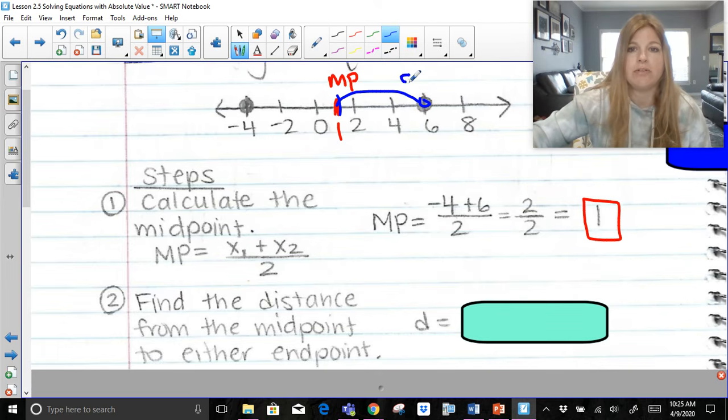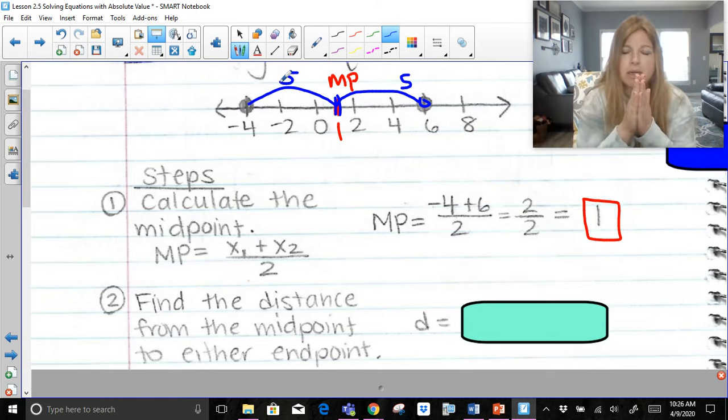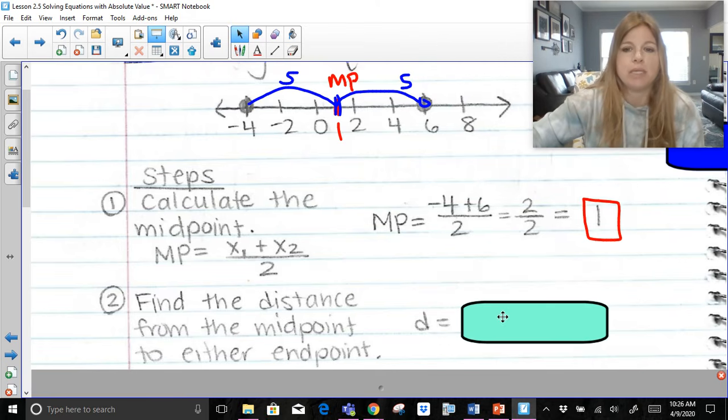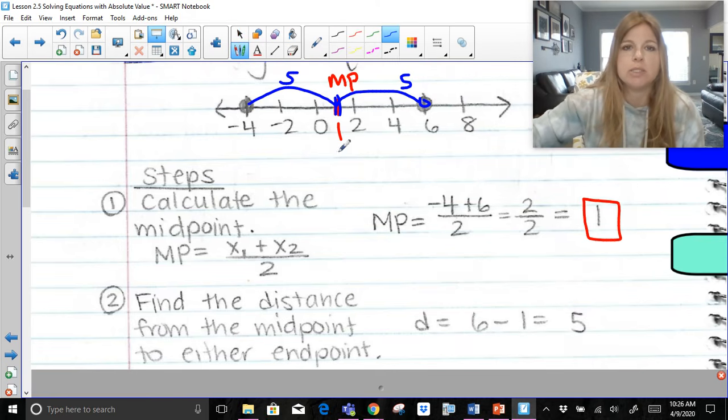It would be a distance of 5. What if I went to the other endpoint? What's the distance from 1 over to negative 4? The distance from negative 4 to 1 is also 5. It should be identical. If you're in the middle, then it's going to be equal lengths on both sides. So that's the second number that we need. We need the distance, and the distance between those two numbers is 5.